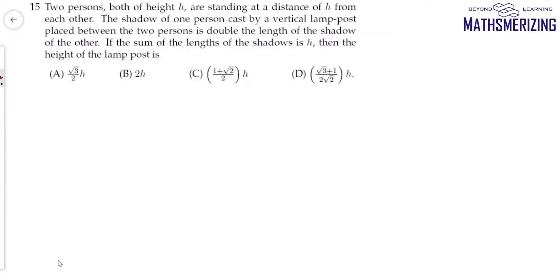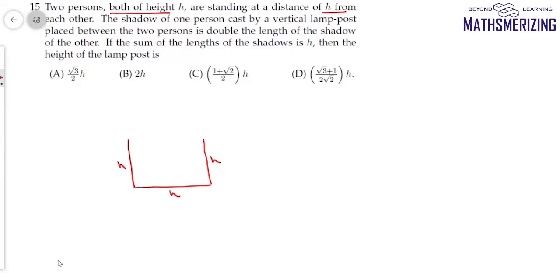Now question number 15 says, two persons both of height h are standing at a distance of h from each other. So there are two people of the same height h, and the distance between them is also h. So this is h, this is also h, and this distance is also h.